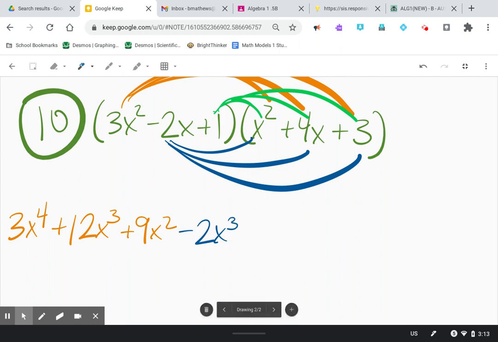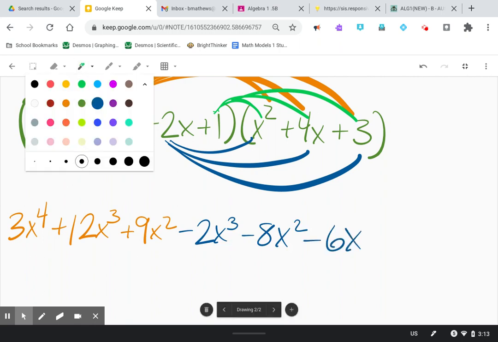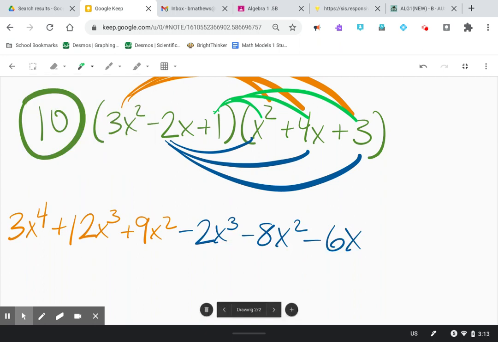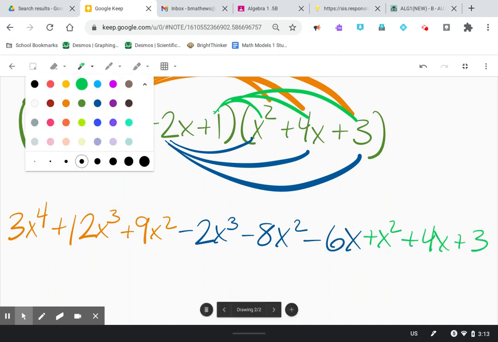Negative 2x times plus 4x is negative 8x squared. Negative 2x times positive 3 is negative 6x. And then lastly, in green, 1 times everything is just going to mean the terms come through the same. 1 times x squared, 1 times 4x, 1 times 3.